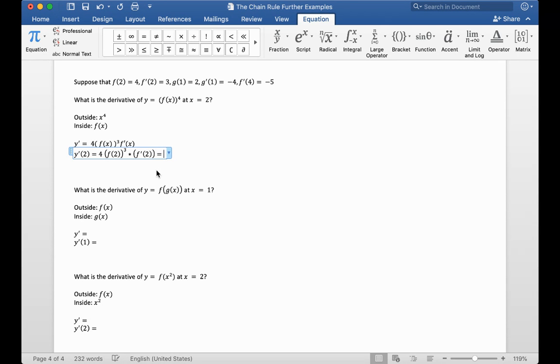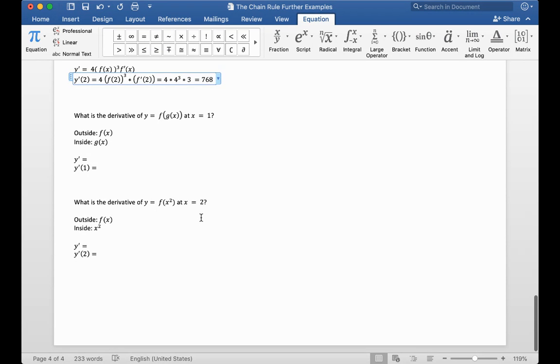And so it's going to be 4 times f of 2 is 4. So I get 4 times 4 cubed times f prime of 2, which is 3. And if we do that multiplication, 4 cubed is 64, 4 times 64 is 256, 3 times 256 is 768. So our answer in this case is 768, and that's something you can do with a calculator, obviously.